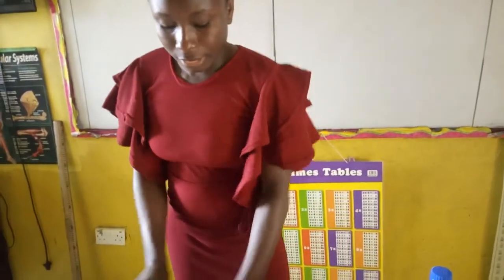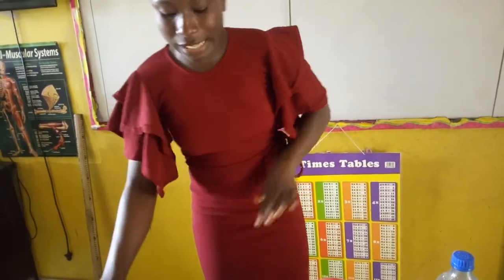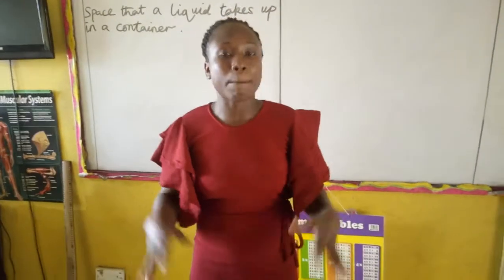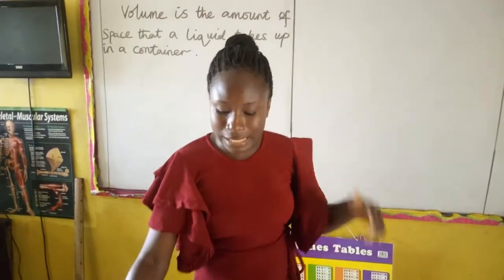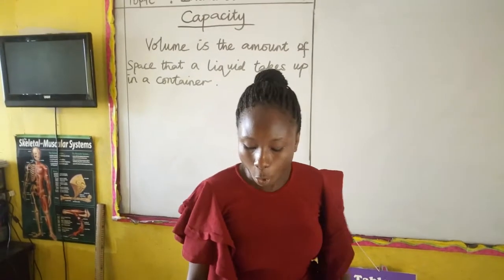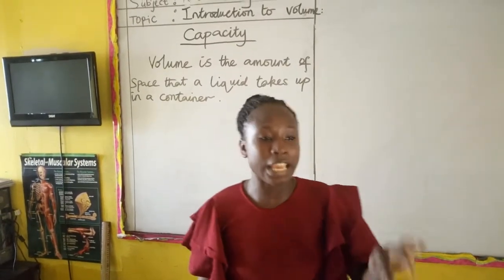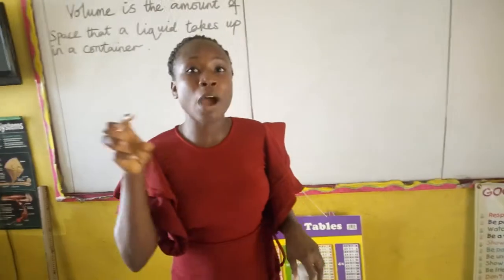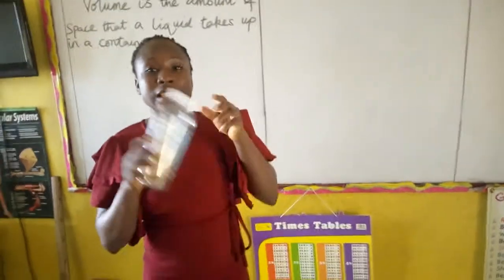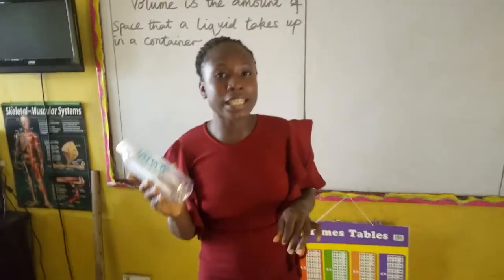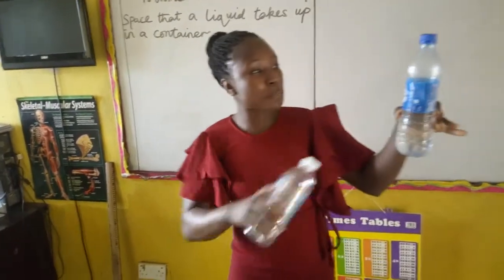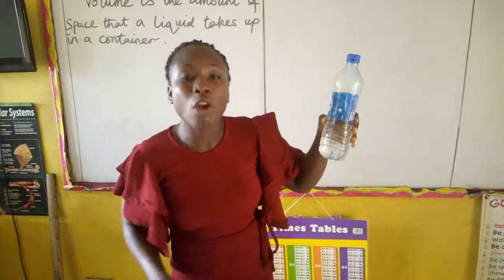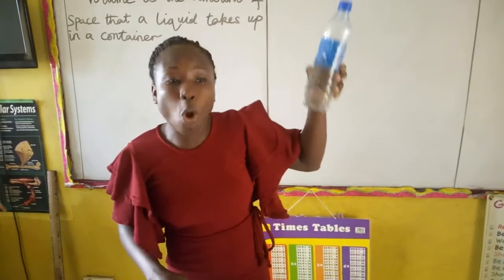So now, what is capacity? Today, under volume, we are dealing with capacity. So capacity is the amount of space of a container for holding a liquid. Remember, I told you that volume is the amount of space a liquid is taking in a container. That means the measurement of the water or the juice inside the container.